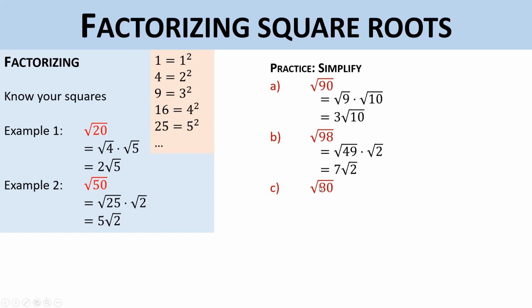So you can rewrite this as 16 times 5. So this is the square root of 16 times the square root of 5, and that's 4 times the square root of 5. And this is the most simplified result. So if you had 2 times the square root of 20, you can still simplify further to 4 times the square root of 5.